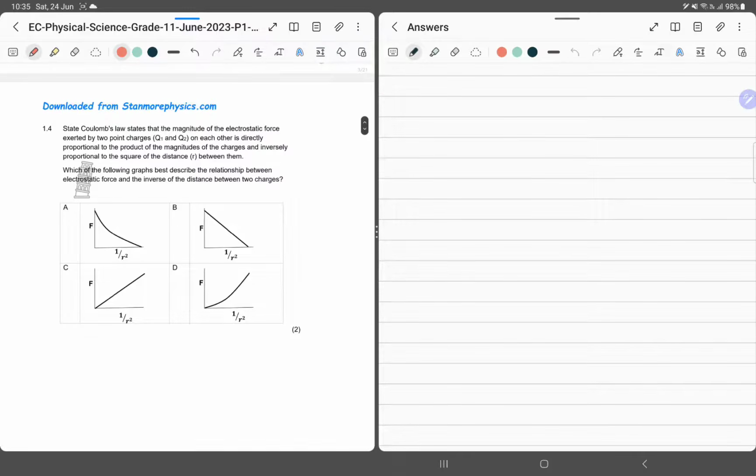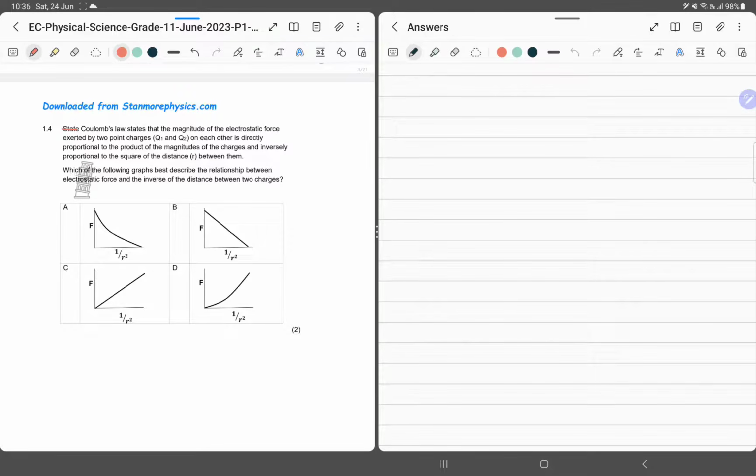Next question says, state Coulomb's law. Coulomb's law states that the magnitude of the electrostatic force exerted by two point charges Q1 and Q2 on each other is directly proportional to the product of the magnitudes of the charges and inversely proportional to the square of the distance between them.